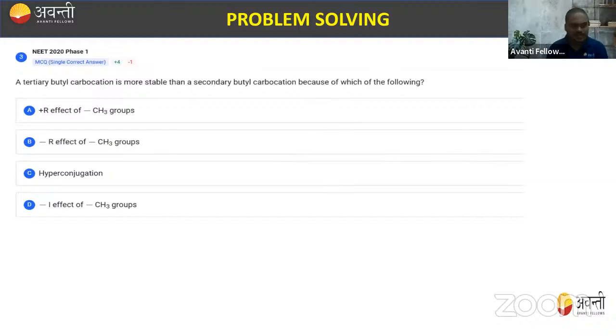That is, a tertiary butyl carbocation is more stable than the secondary butyl carbocation because of which of the following reasons? So they are asking why the tertiary butyl carbocation is much more stable as compared to the secondary butyl carbocation. What is the reason behind this? So we all know this. Let me draw the diagram first, then we are going to discuss the correct answer for this, right?